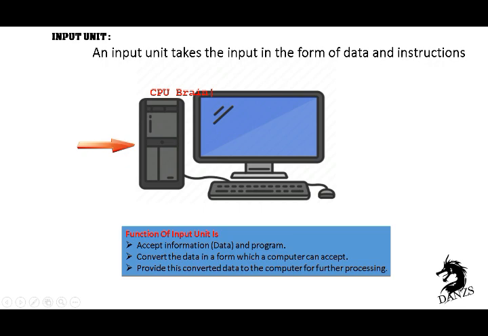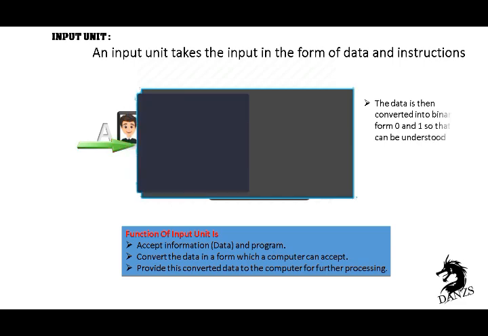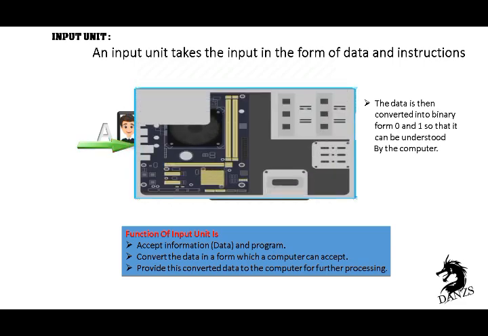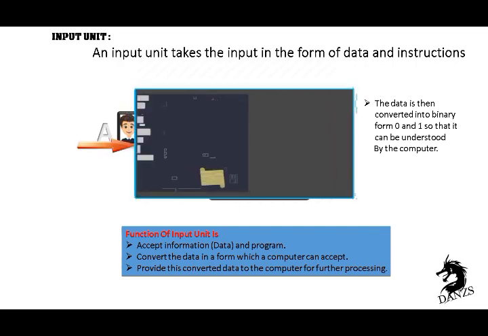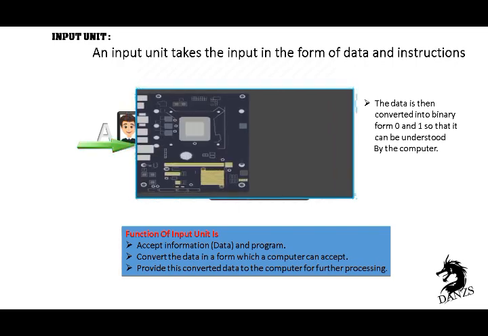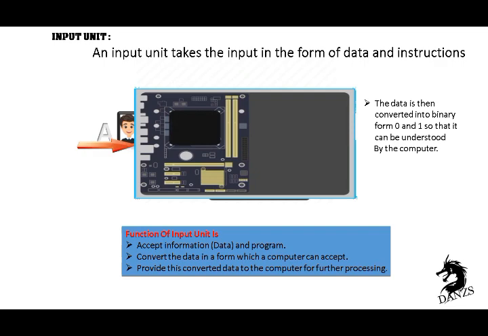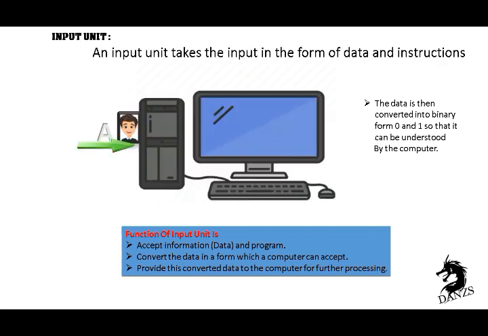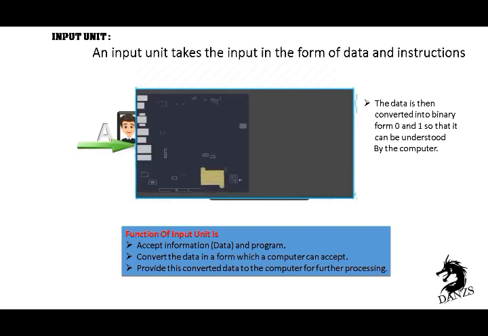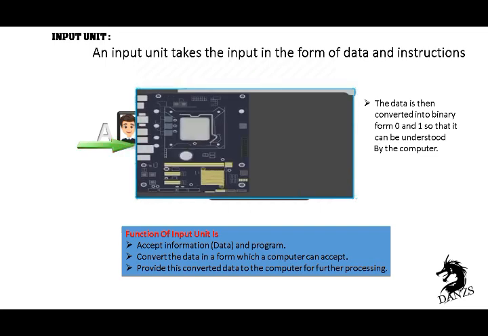After we feed any information or data, it goes inside the CPU. Inside the CPU, it converts the data that we have fed into its own language. The brain of the computer converts that data into its own language, that is binary language, which is 1 and 0.